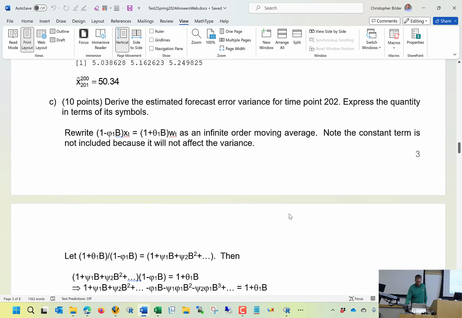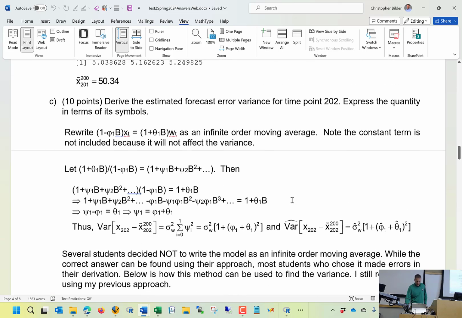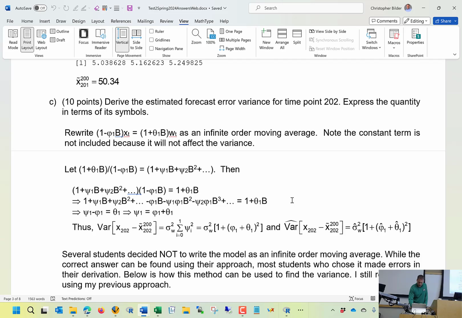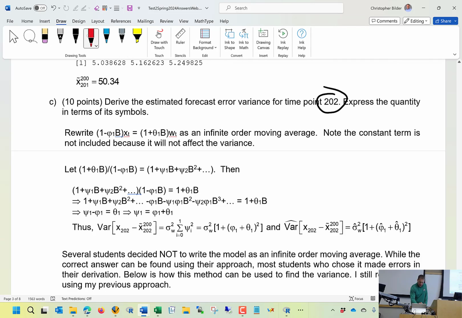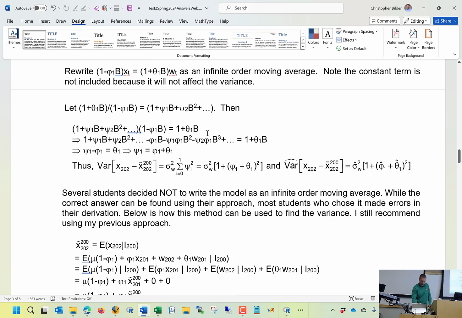So what we have is an ARMA 1-1. And I think what made it more difficult for students is that we observed 200 time points, and rather than just going to the first time point in the future, we went 2 time points into the future. And so the way that I approach this, the way that you'll see others approach this outside of this class, in textbooks, is you always write it as an infinite order moving average.